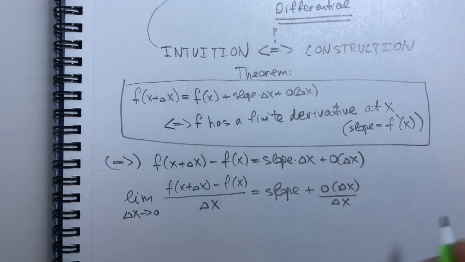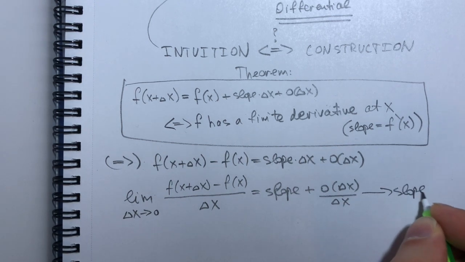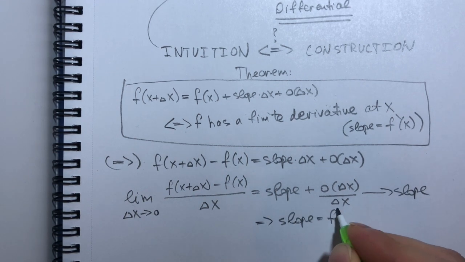As we take the limit, this tends to the slope, right? Because this is o little of delta x, so this disappears. But by definition, if this has a finite limit, the slope is finite, then the slope is f prime of x.